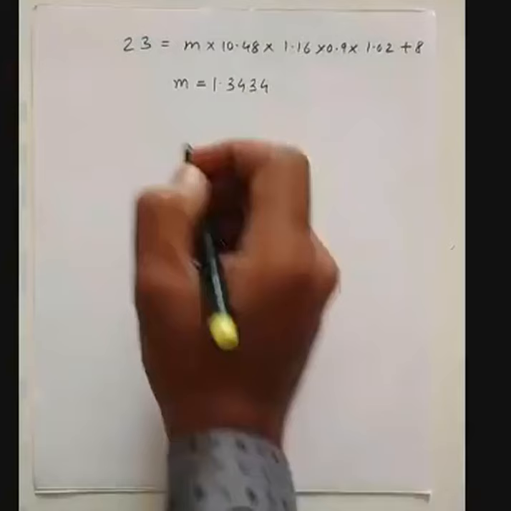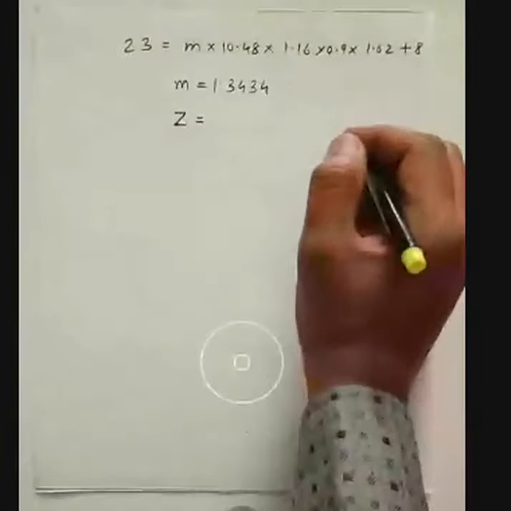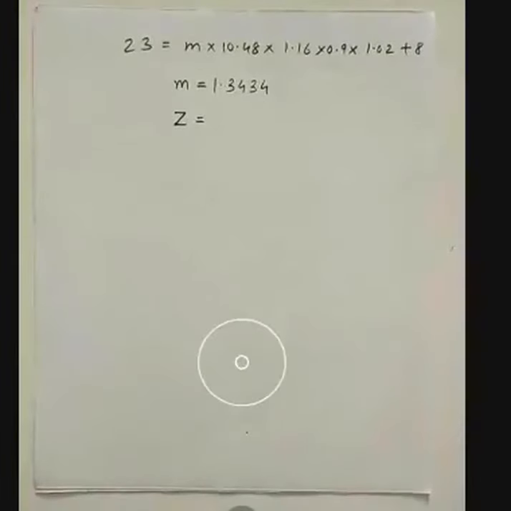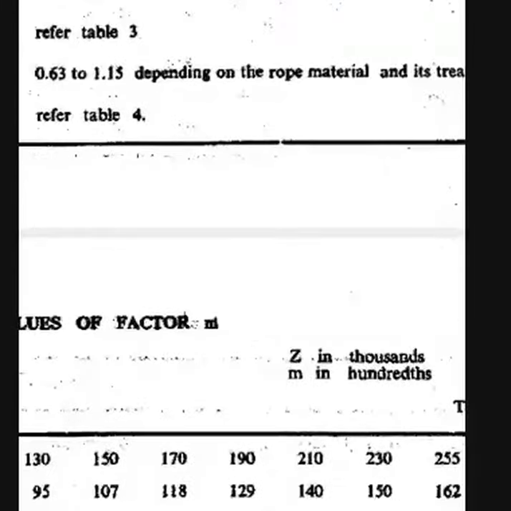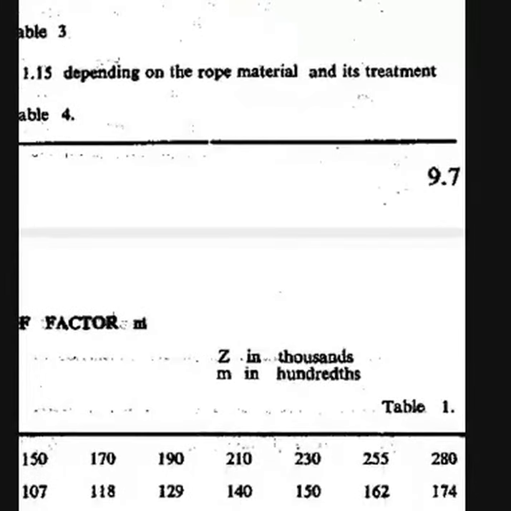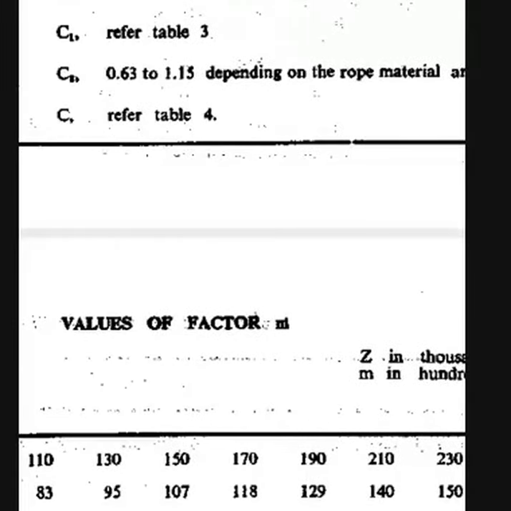Now, to get the value of z, we have to go to that table on 9.8. I'll take you there. This table. Here see, m is m in hundreds. So whatever answer we are getting, we have to just convert that answer into hundreds.